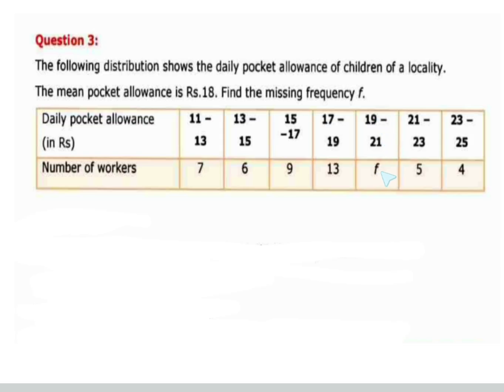This is the missing frequency. We should find how many children are there in 19 to 21 rupees. And 21 to 23 is 5, 23 to 25 is 4.